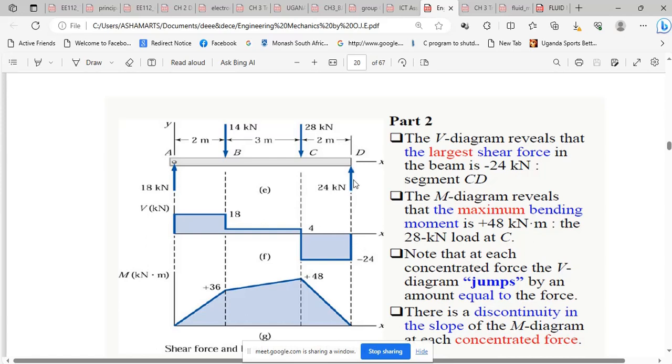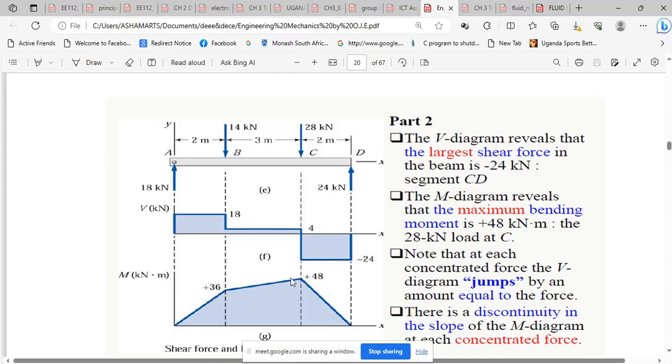Then if I move through a 24 positive force, I come back to 0 and I complete my shear force diagram. I go back to drawing the bending moment diagram. At x equal to 0, the bending moment is 0 because we have 18x. At x equal to 2, we have 18 times 2, which becomes 36.